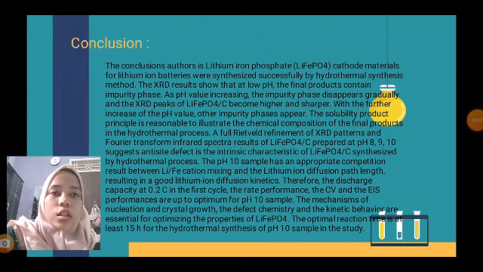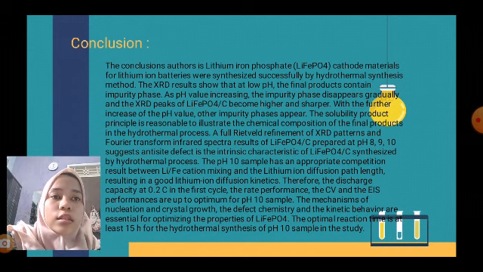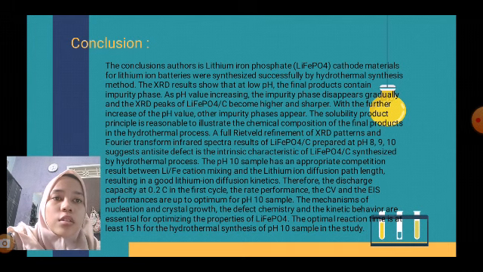The conclusion of the authors is that lithium iron phosphate cathode material for lithium-ion batteries was synthesized successfully by the hydrothermal synthesis method. The XRD results show that at low pH, the product contains impurity phases. As the pH value increases, the impurity phases disappear gradually and the XRD peaks of lithium iron phosphate become higher and sharper.